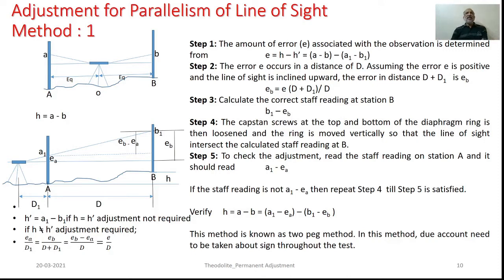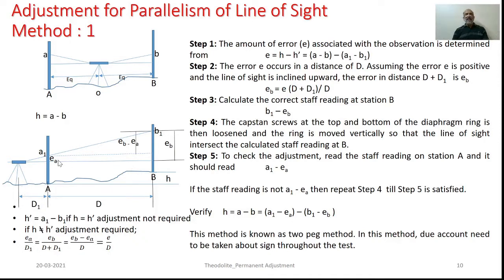This particular adjustment can be done with two approaches. Say here, this is the first case in which the equipment is kept at station D1 with respect to A in line of AB.